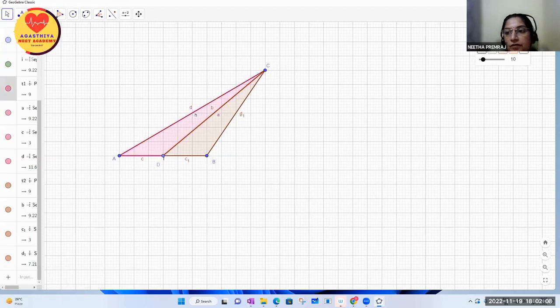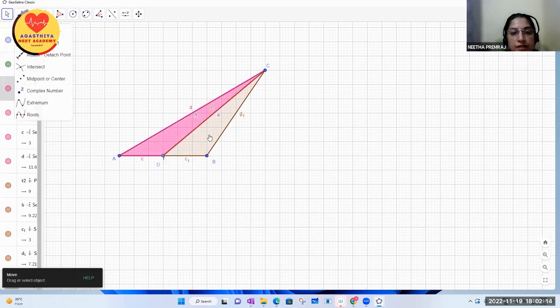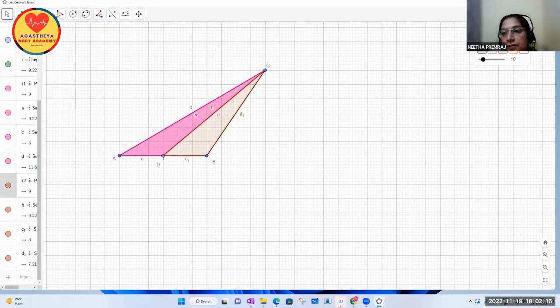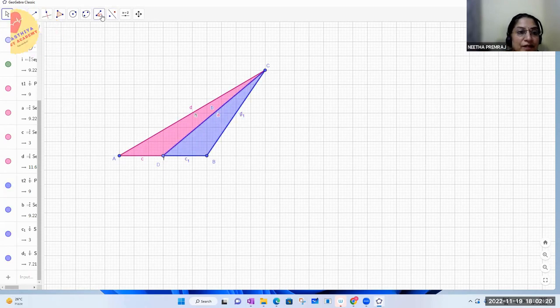This is one area. This is another color, I changed it. Now I find the area.